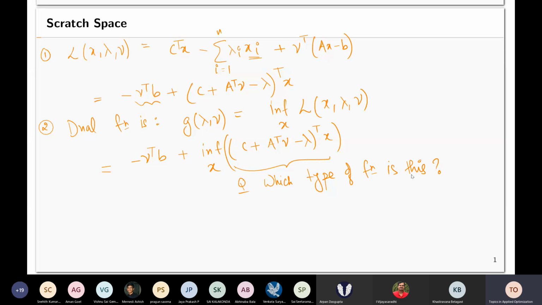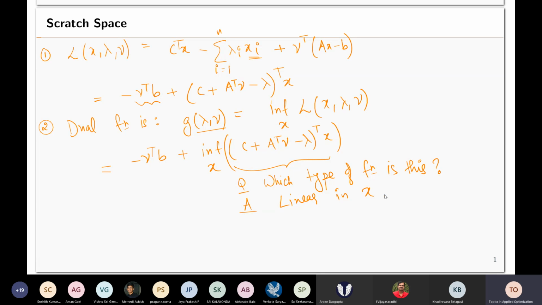Linear. Okay, so the answer is linear. We are talking about linear in the variable x because we are solving for x, right? We always know that the dual function is linear in lambda and nu. That we already know. When I'm talking about infimum, then I have to think about x. So it is linear in x.